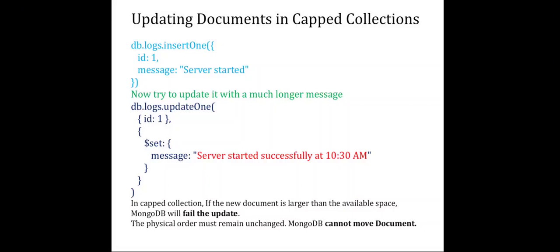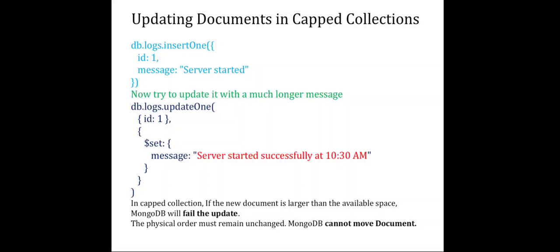If an update increases the document size beyond the available space, MongoDB rejects the update. In other words, updates are allowed only if the updated document still fits within its existing allocated storage.